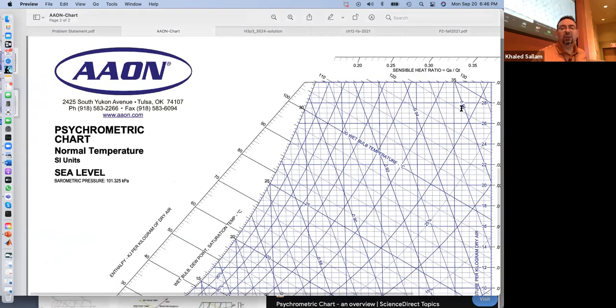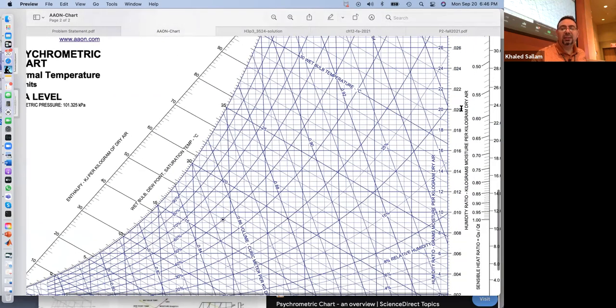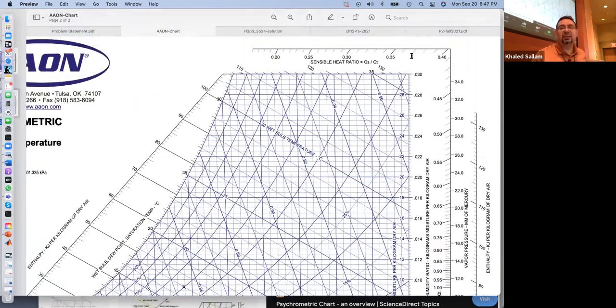What if my Q dot S is 30%? 30% is sensible, and the rest of the Q total is all latent cooling. So I come here, stand here, and draw a line from this origin to 0.3. That would be the slope, right?